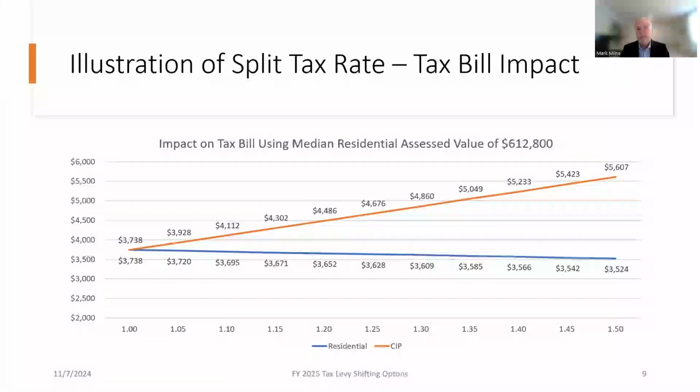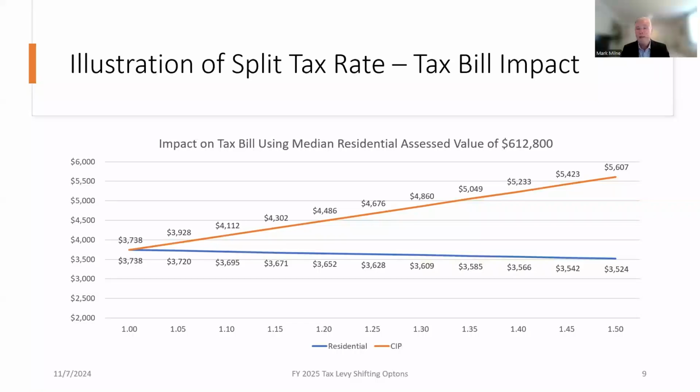This graph illustrates the tax bill impact of each one of those shifts using the median residential assessed value for fiscal year 2025, which is $612,800. So a commercial property at that value would pay $5,607 at a maximum shift of 1.5, and the residential property would pay $3,534.